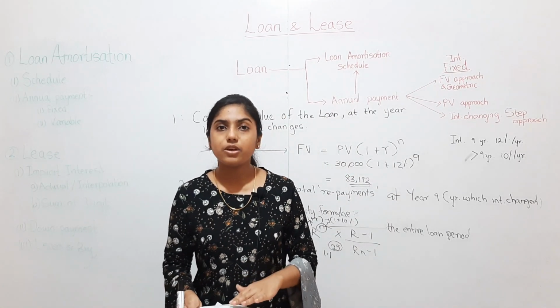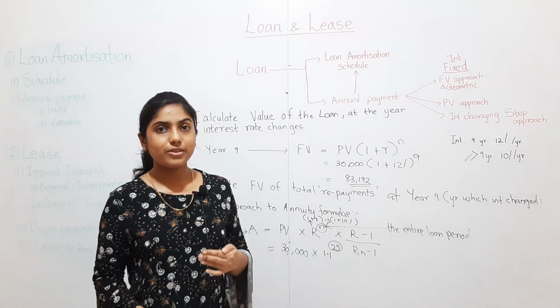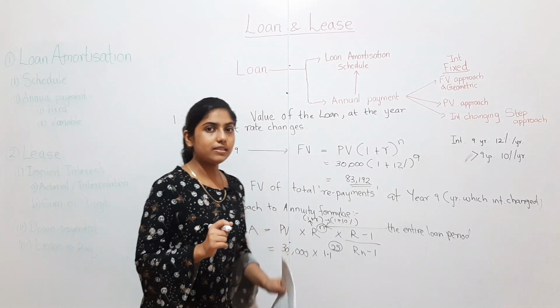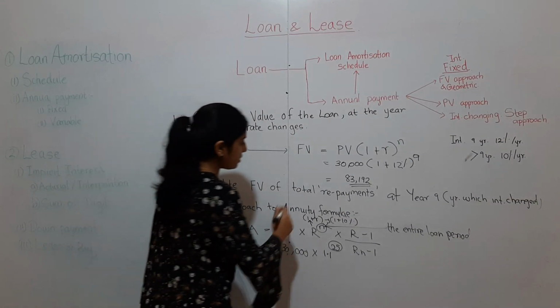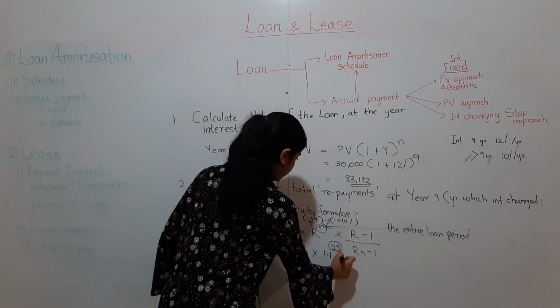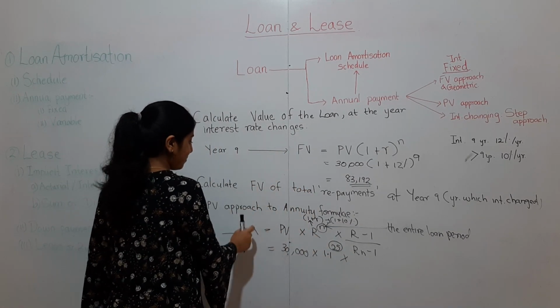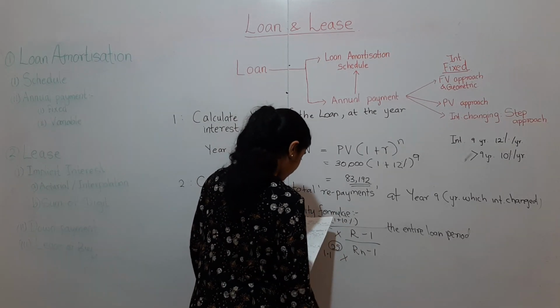Here it is the end of the month, so we have to use the arrears geometric formula, right? That's how you connect it. Okay, so let's continue calculating the monthly cash flow or the monthly repayment.